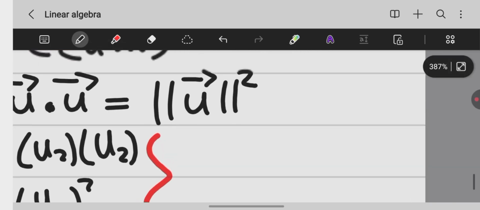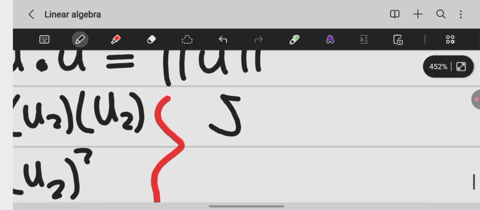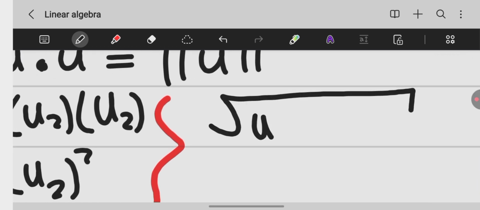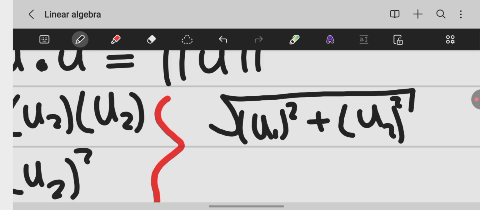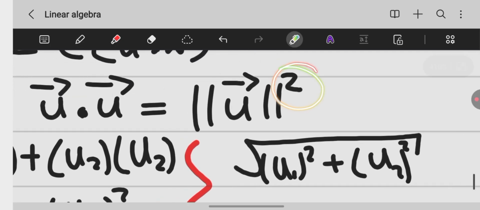So if you have a vector u, the magnitude of that would be the square root of u1 squared plus u2 squared, and this basically says we have to square the magnitude.